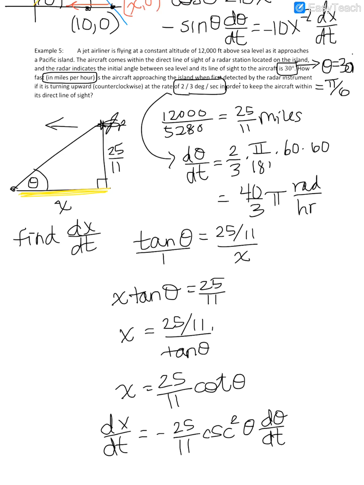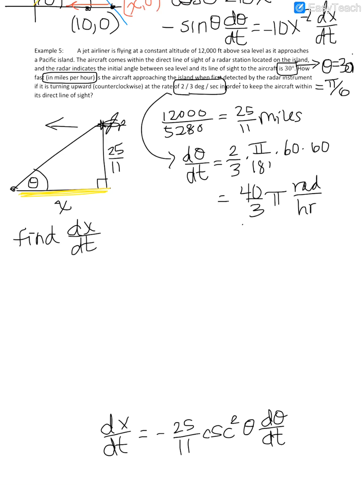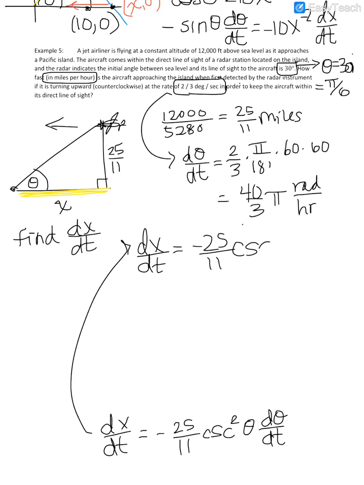Make sure you have all of this. So dx dt equals negative 25/11 cosecant squared of pi over 6 times d theta dt, which I found was 40/3 pi.